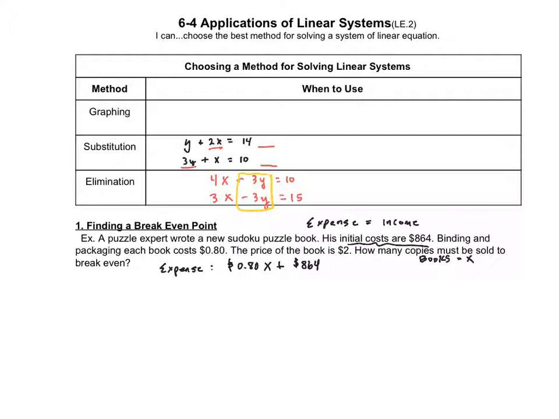So that's how much it costs to print the books. Now, the income when you sell the book is going to be right here, $2 per book. So there we have it.